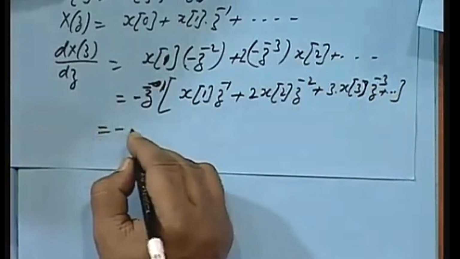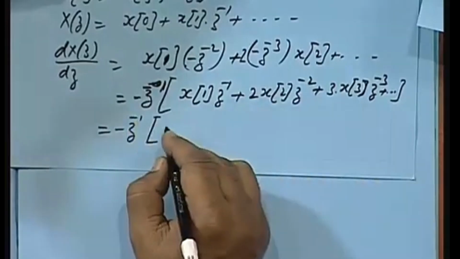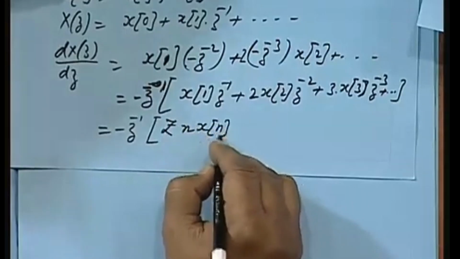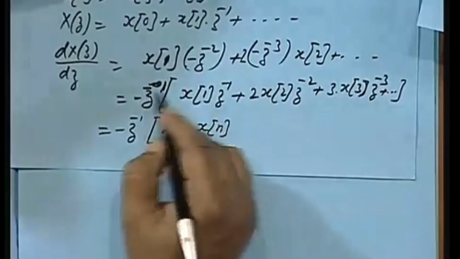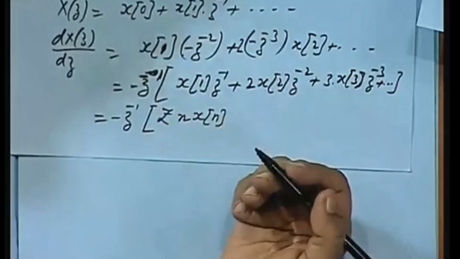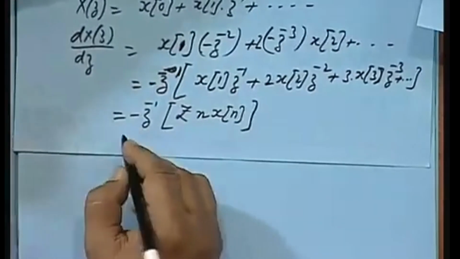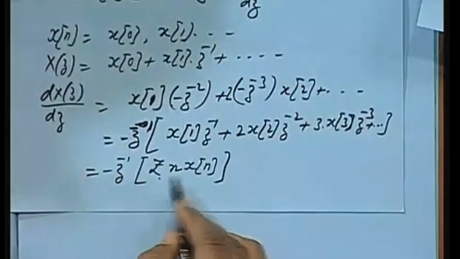This is a z transform of what? N x n, is it not? As if 0 into x 0 plus 1 into x 1, 2 into x 2, 3 into x 3 are appearing. The 0 term is missing because it is multiplied with 0. So, it is the z transform of n times x n, this series. If I transfer this to this side, you get the result minus z into dx z by dz is equal to z transform of n x n.